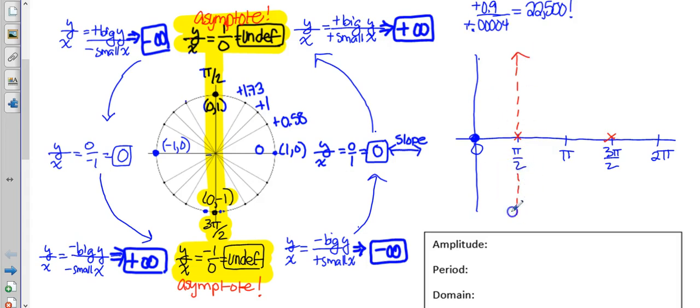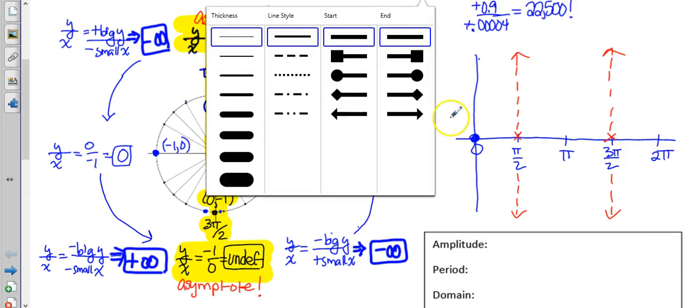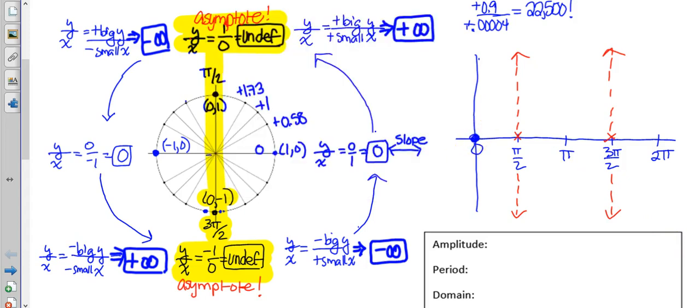And these are dashed lines. Now that we have our asymptotes on the graph, let's go back to graphing the rest.